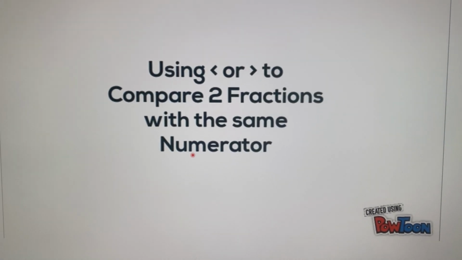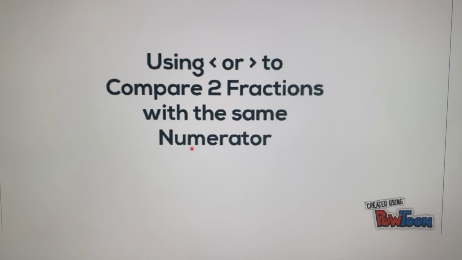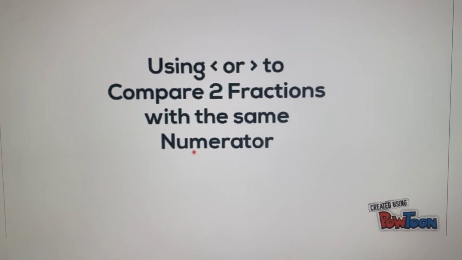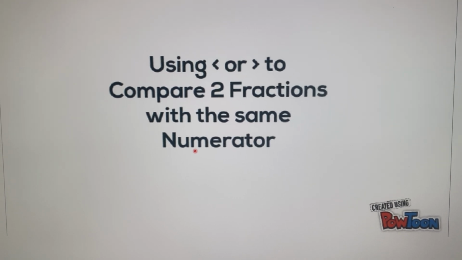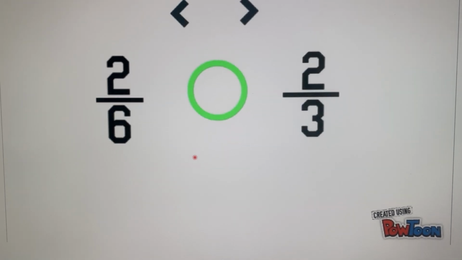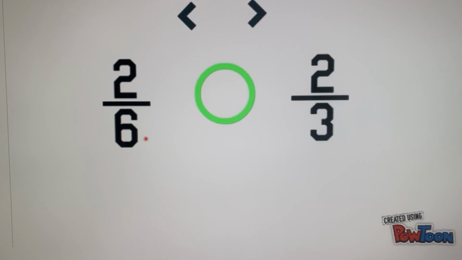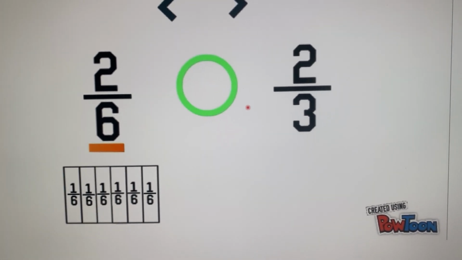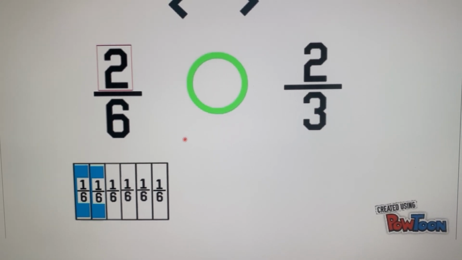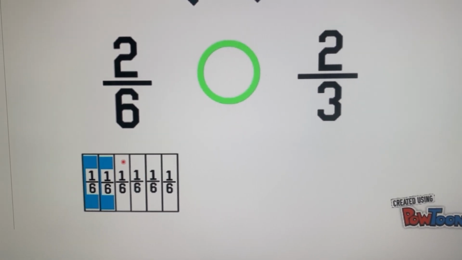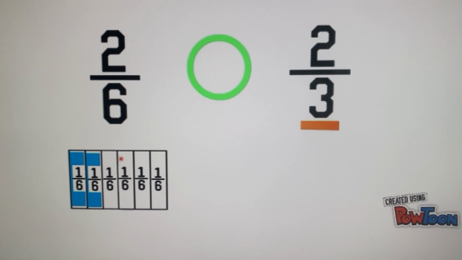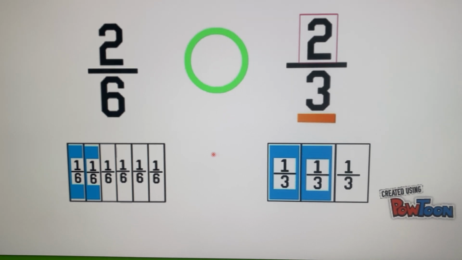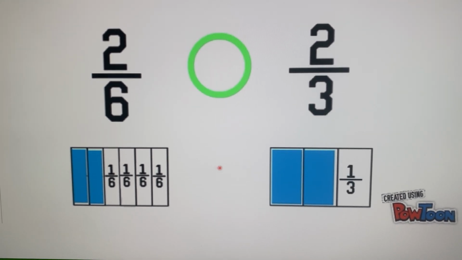Let's watch this video. Look here, 2/6 and 2/3. In the first model, I will break it into 6 equal parts. The second model, I break into only 3 equal parts. I will shade here 2 and here 2.